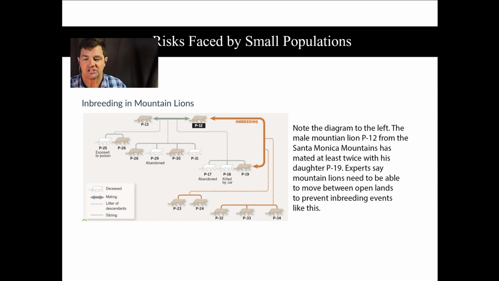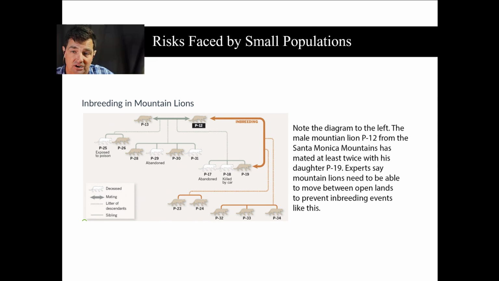Well, this exact thing is happening in a small, isolated mountain lion population in the Santa Monica Mountains. Inbreeding in these mountain lions has become a big problem as the population size gets small.